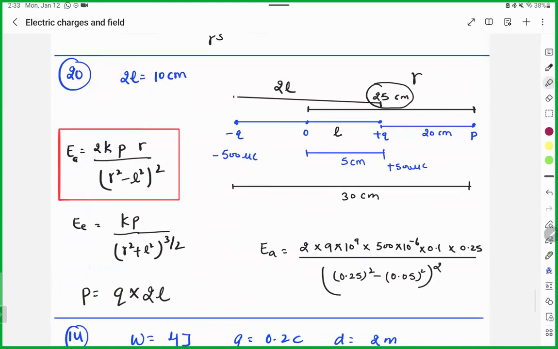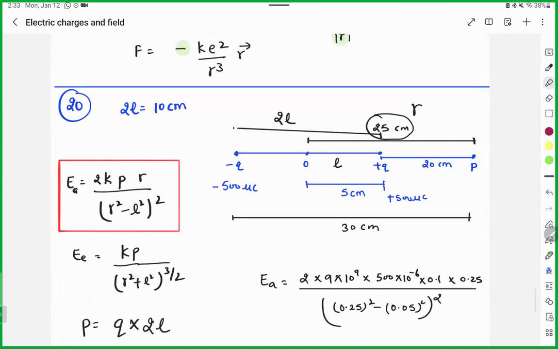You had one question like this. If total length 2L is equal to 10 centimeter, basically the dipole has length 10 centimeter. It means the L value will be 5, because half. Right? And this will be equal to 500 microcoulomb. Okay. And your x value is r plus L square.